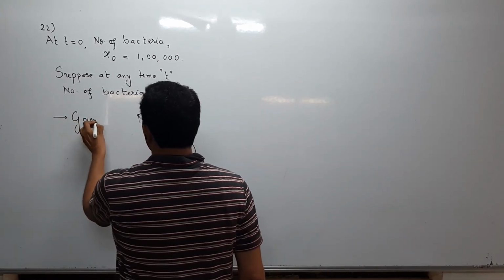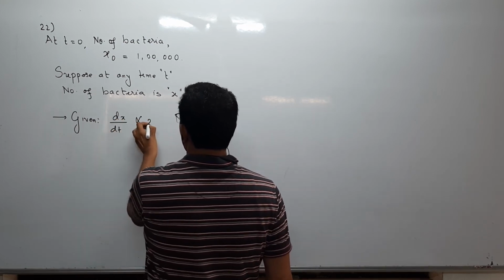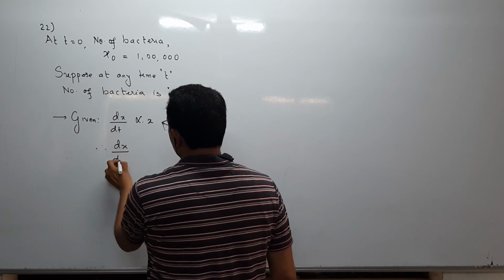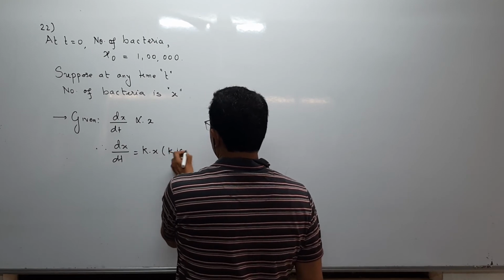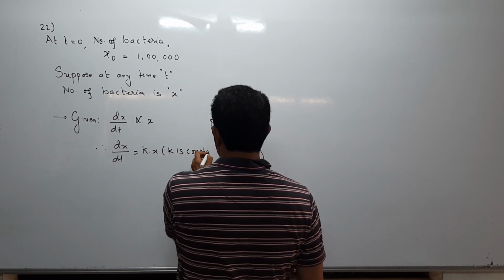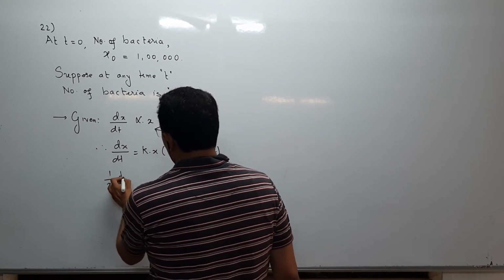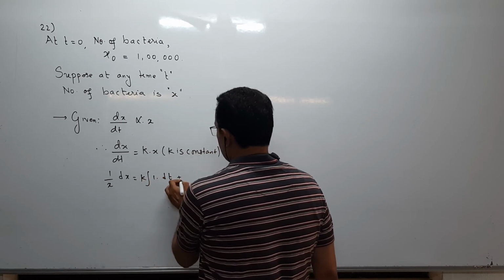The given equation is: rate of growth of bacteria is proportional to the bacteria at any given time. So dx by dt is equal to k into x, where k is a constant of proportionality. So in variable separable form, 1 by x dx will be k integration 1 dt plus c.